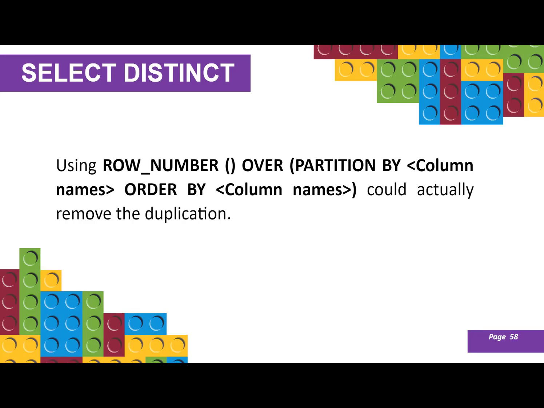If you want to see how many records are being repeated for certain columns, you can use row numbers over partition, but you have to partition by the column you want to check to see how many times it is being repeated, right?